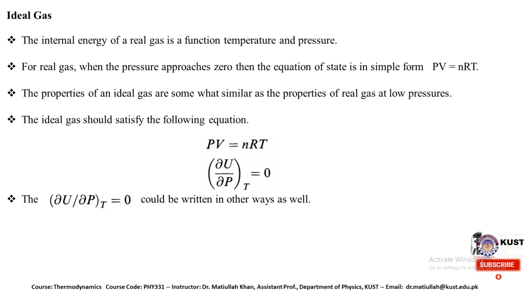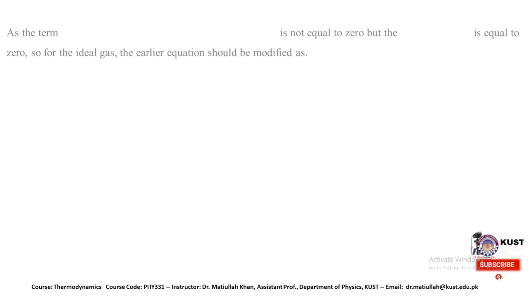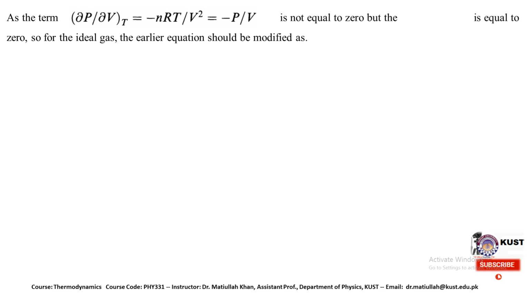So it means that the change in internal energy with respect to pressure at constant temperature is equal to 0. It could be written in another way: the change in U with respect to V at constant T is equal to the change in U with respect to P at constant T, multiplied by the change in P with respect to V at constant T. The term change in P with respect to V at constant T is equal to minus nRT divided by V squared, which is equal to minus P divided by V. That is not equal to 0, but the change in U with respect to P at constant T is equal to 0.